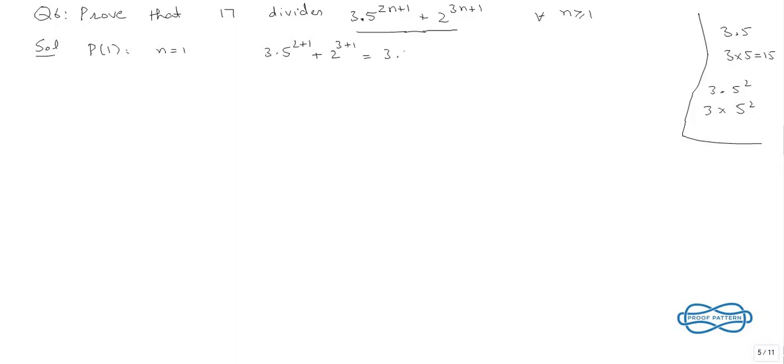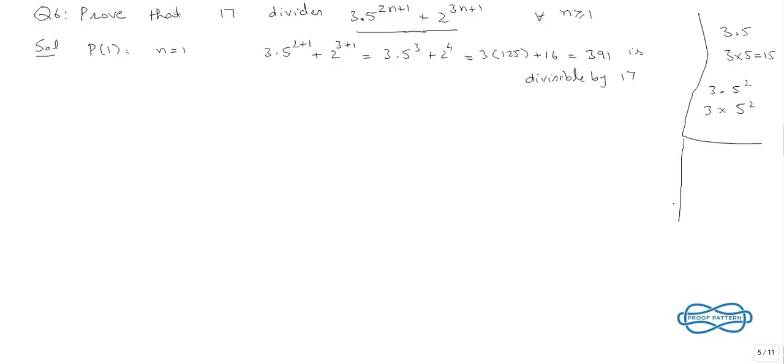So 3 into 5 cubed plus 2 to the power 4, which is actually equal to 3 into 125 plus 16, and that is equal to 391, and 391 is divisible by 17.